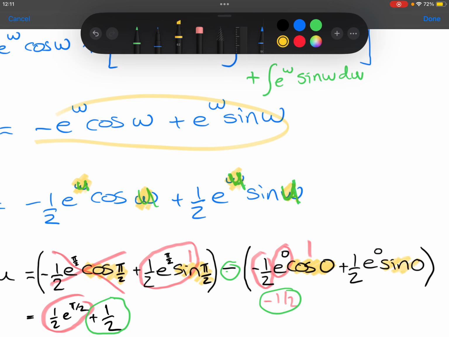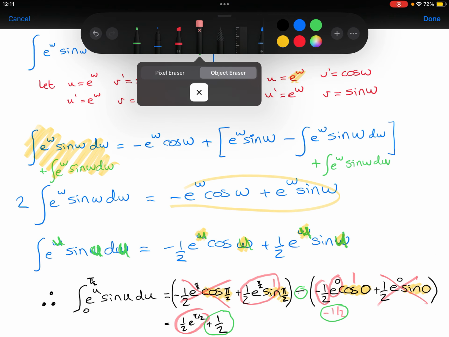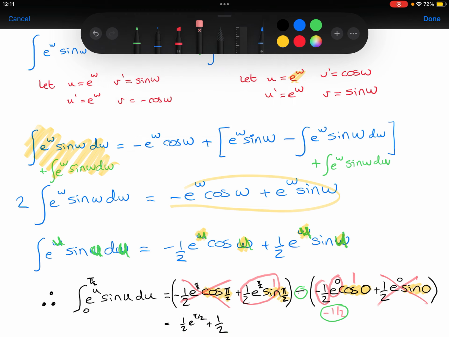The sine 0 here is just 0, so that term disappears completely. So all of these calculations on this page allow me to say that the area underneath that curve is a half e to the pi over 2 plus 1/2.